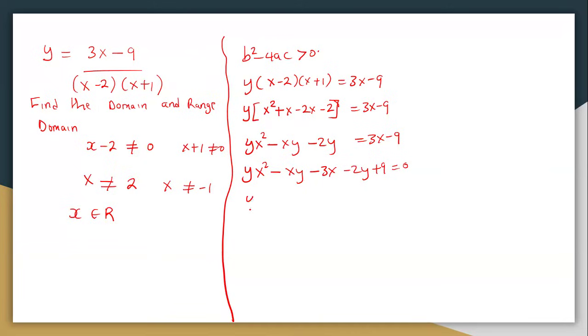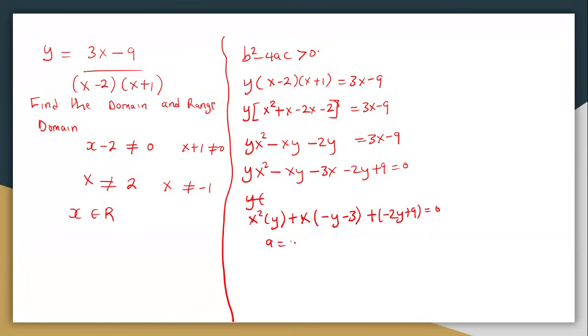At this point, you'll have your x squared and y. Plus, I'll have my x times negative y minus 3. Then plus negative 2y plus 9 equals 0.